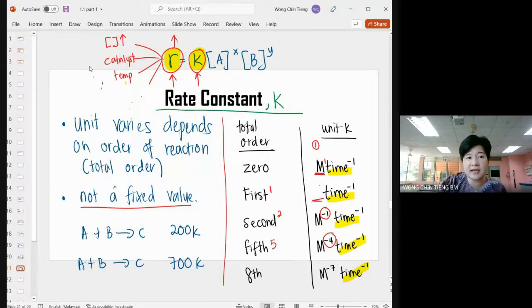What I want to remind you is, be very careful, the unit of K will be 100% dependent on the total order. In other words, the unit of K depends on all your X, Y and whatsoever.